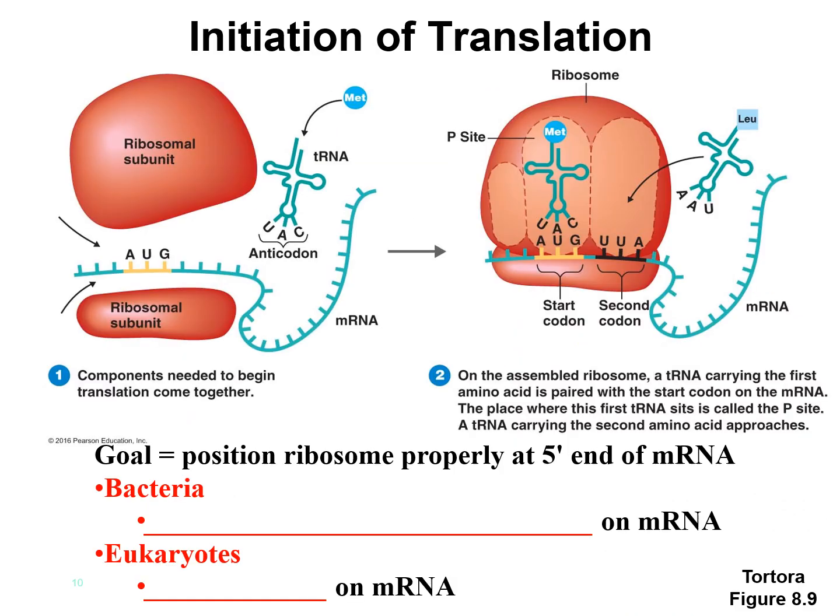Okay, initiating translation, getting it started. We need to start at the 5' end of the messenger RNA because we're always going to be translating the messenger RNA in the 5' to 3' direction. And the ribosome subunits are apart when we start. They're in little pieces.